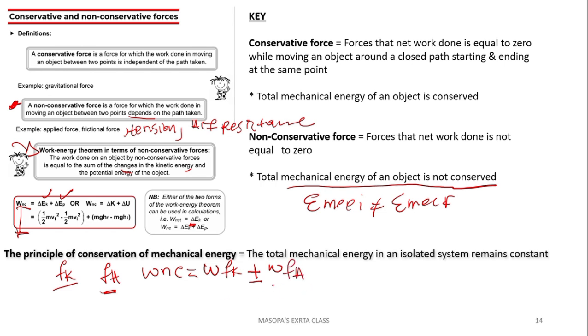That is the work done by non-conservative forces. For the calculation, you can also use work net, which equals the change in kinetic energy, or you can use the work net by non-conservative forces.